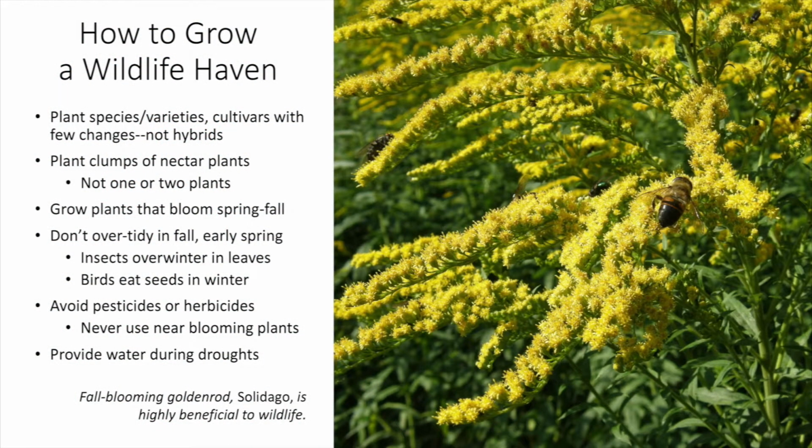How to grow a wildlife haven. To paraphrase Dr. Tallamy, as open space disappears, we make our landscapes a refuge for biodiversity. Native organisms, from plants to birds and mammals, are all part of this intricate web of life, and we all need one another. Create a home for an entire ecosystem.